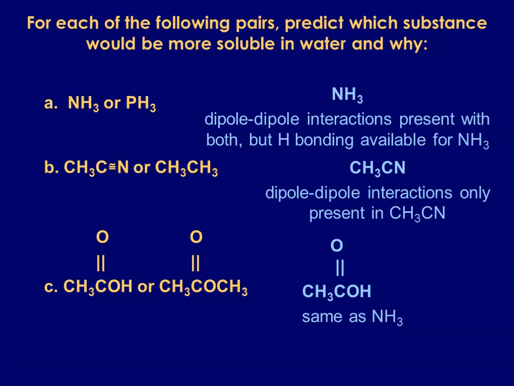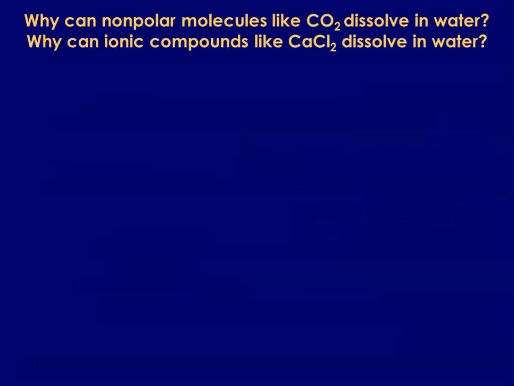Again, if the carbon chain had been significantly longer for either molecule, the one with the hydrogen bond still would have been more soluble, but you would have probably reached a point where there wouldn't have been a whole lot of difference in their solubilities if that carbon chain had extended. So why can nonpolar molecules like CO2 dissolve in water?